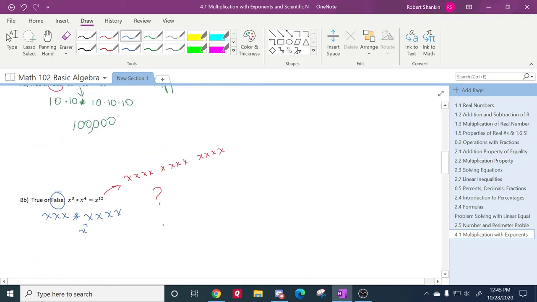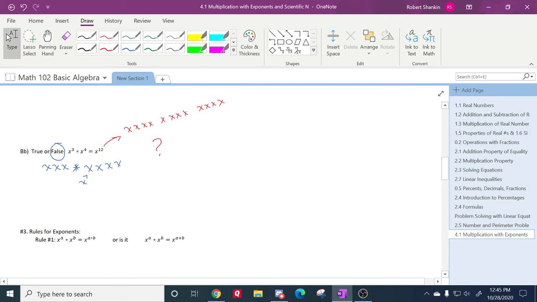You can look back at the previous examples, so let me give you a moment to think about it individually. Then go into your group chat and put a 1 if you think the first equation is the right rule, or a 2 if you think the second equation is the right rule. Look at the other responses.